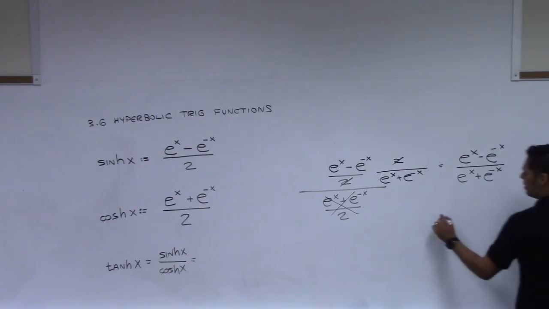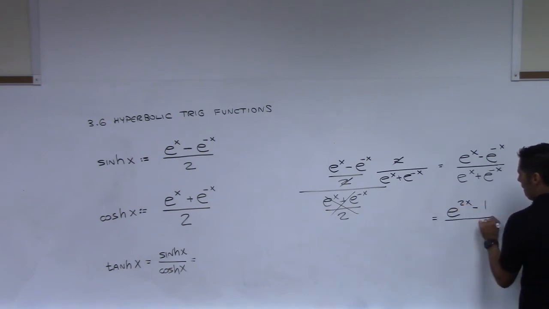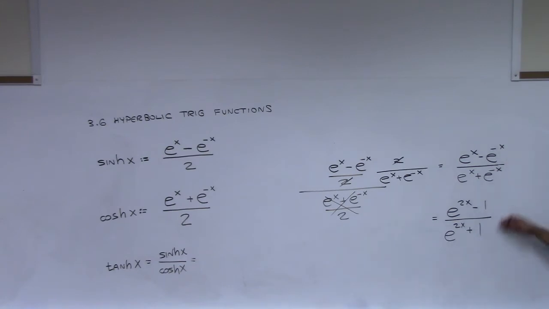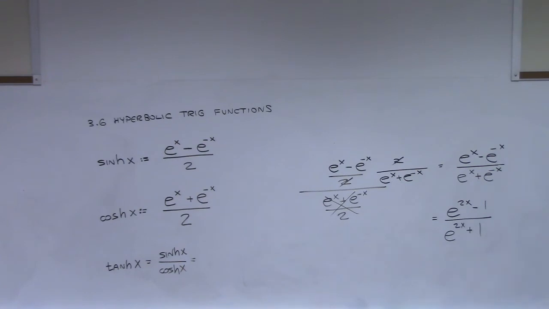I'm going to just write it down, and I'm going to see if anyone can tell me what I did. This is the same as this. So what did I do there? How did I get from here to here? You separated the numerator from the denominator so that you cancel each one out. How do you mean? Like this over this, this over this?